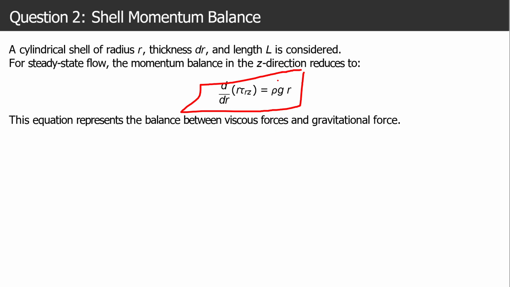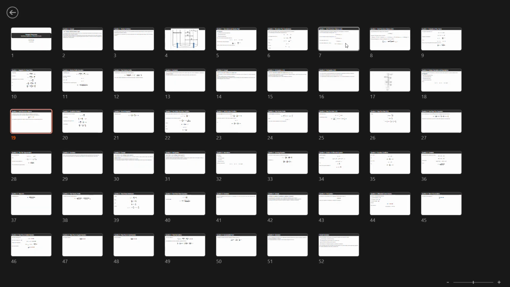It is forming a film over the first surface. So the end part of the surface will be of the liquid only, not of any cylinder or anything. The reason there is no pressure term is that it's exposed to the environment, so P naught minus P naught will be zero only. So we will be taking only rho g r. As you can see, I'll be showing you the previous slide.